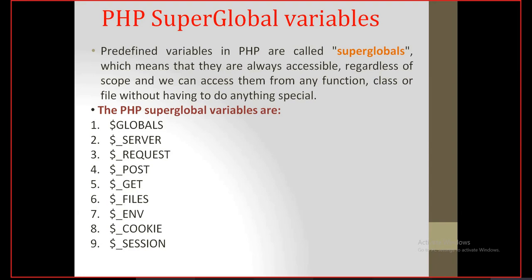So whenever in a PHP script we want to jump to a particular server, we can use the $_SERVER super global variable, and in that we can provide the URL for jumping to some another web page or any other web resource, right?